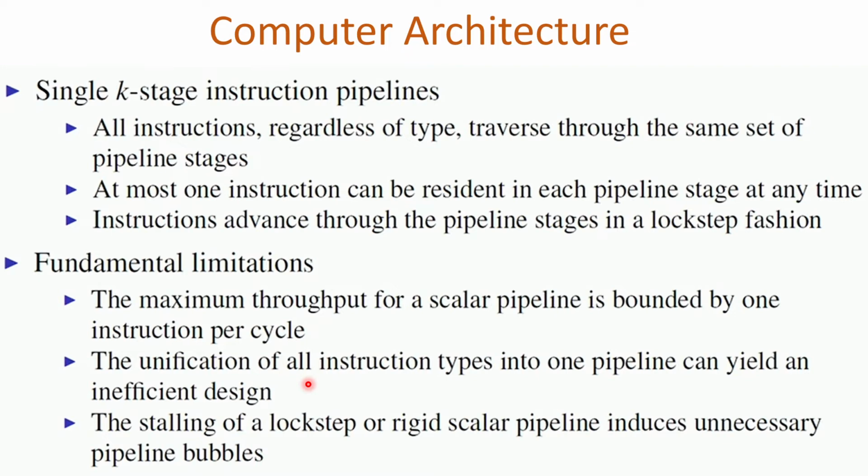Which pipeline stage will be used in a practical scenario depends mostly upon the type of instruction, because some instructions can be ALU instructions, some can be memory reference instructions, some can be floating point instructions, and so on.